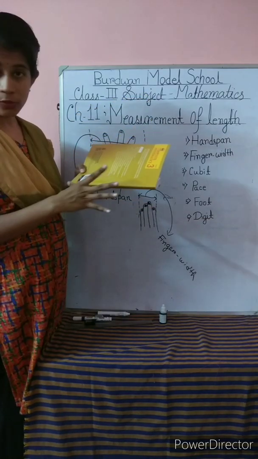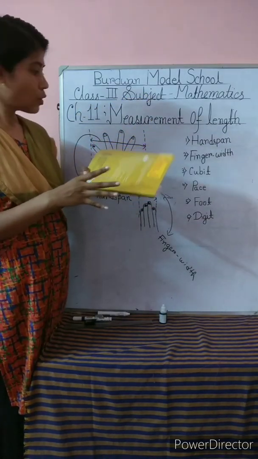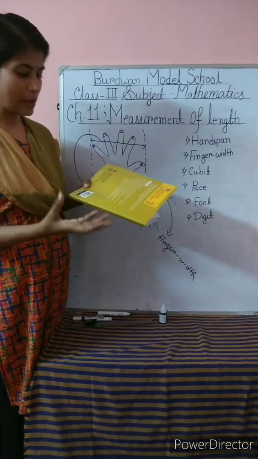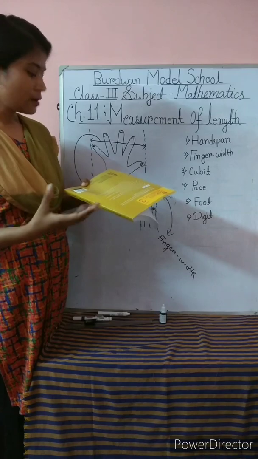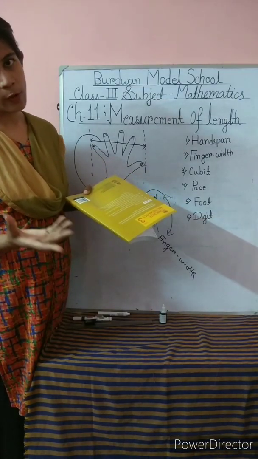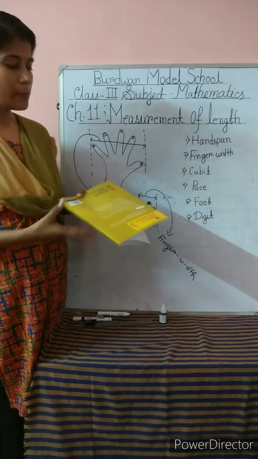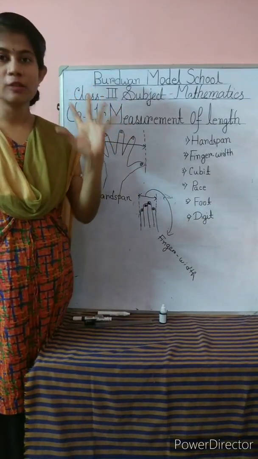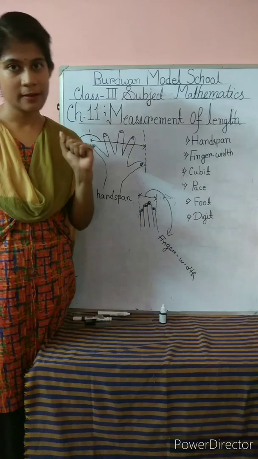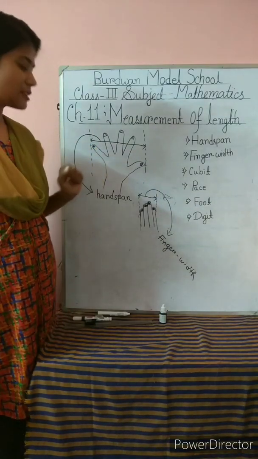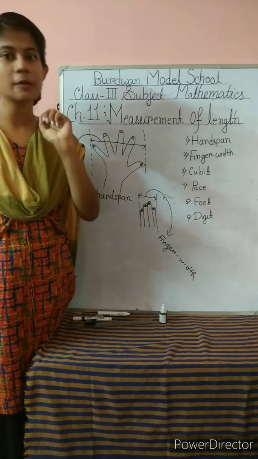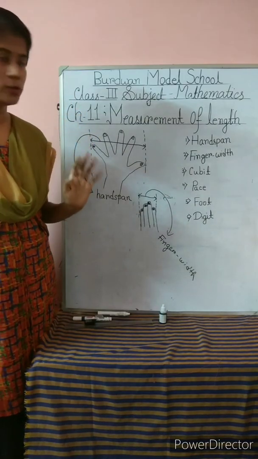But when you measure, obviously you will have 2 handspans or 1.5 handspans, because my handspan length is longer than your handspan, isn't it? Because your hand is small and my hand is a little bit bigger than yours.